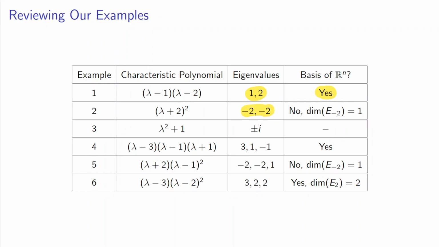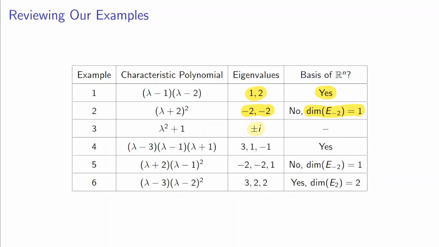And if you go back to the previous video, we explored this a bit further, the specific matrix. I don't even list that out here. But for that example, we found that the dimension of E sub minus 2 was 1. And so we would not have a basis of R2 consisting of eigenvectors here.